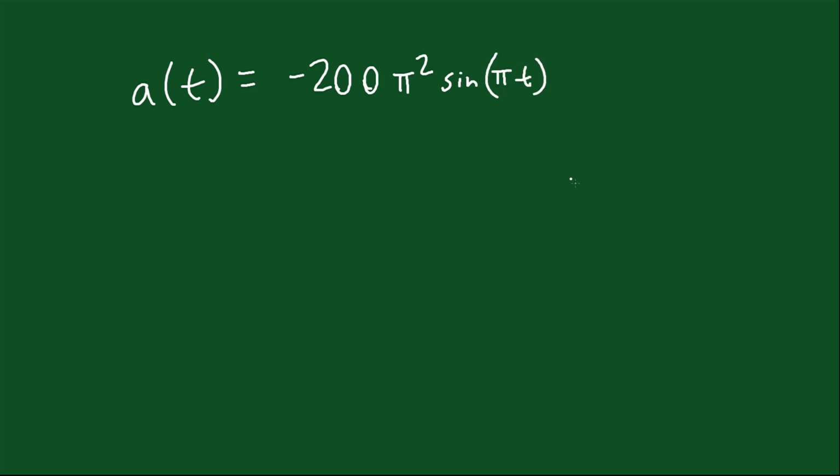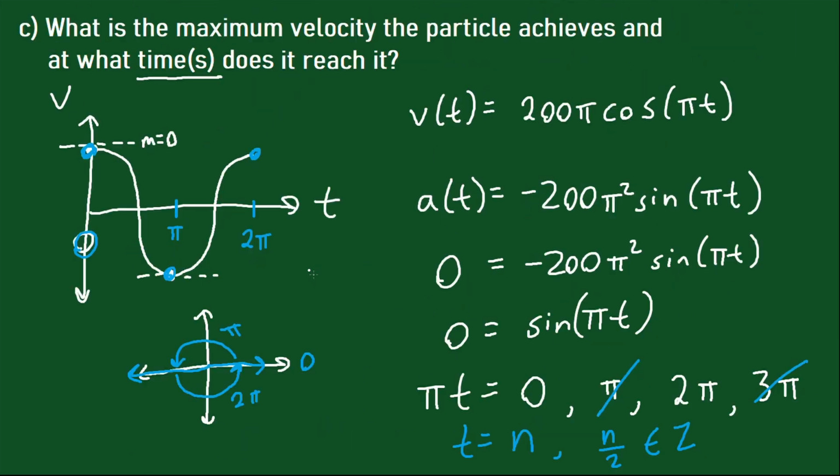So if you look at the acceleration equation, the a at t is equal to negative 200 pi squared times sine of pi t, right? So now if we want to figure out, okay, is the t value of 0, at 0 seconds, is my velocity at a maximum or is it at a minimum down here?